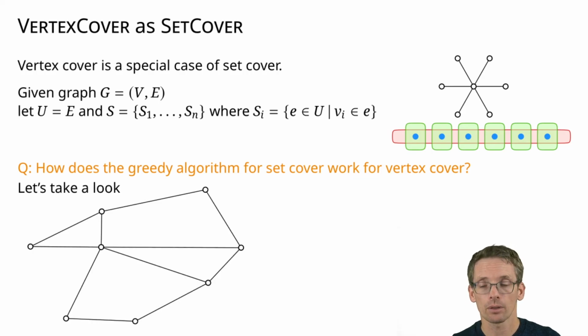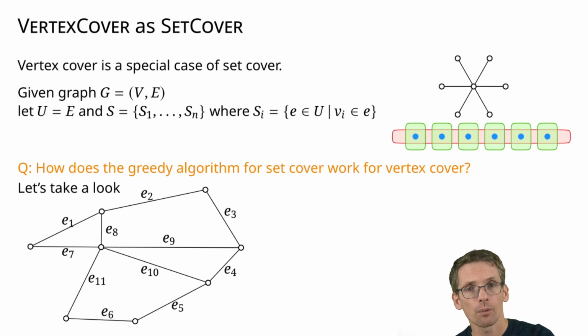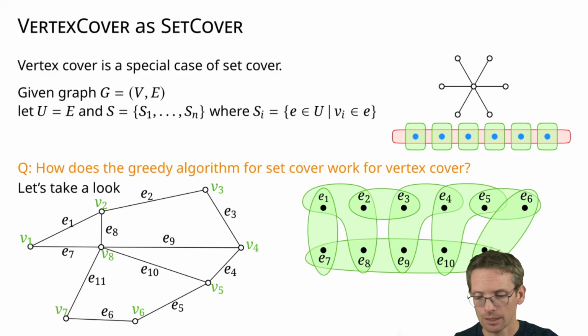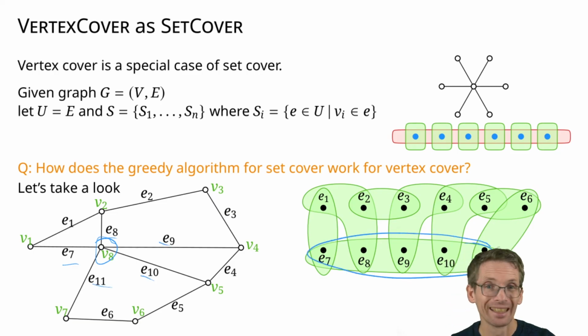Let's take a look. So here's again a graph. We have all of these edges that we want to cover. Every vertex covers a certain set of edges, namely the ones incident. So for instance, if you look at the vertex V8, it covers E7, E8, E9, E10, E11. So this is this set here.